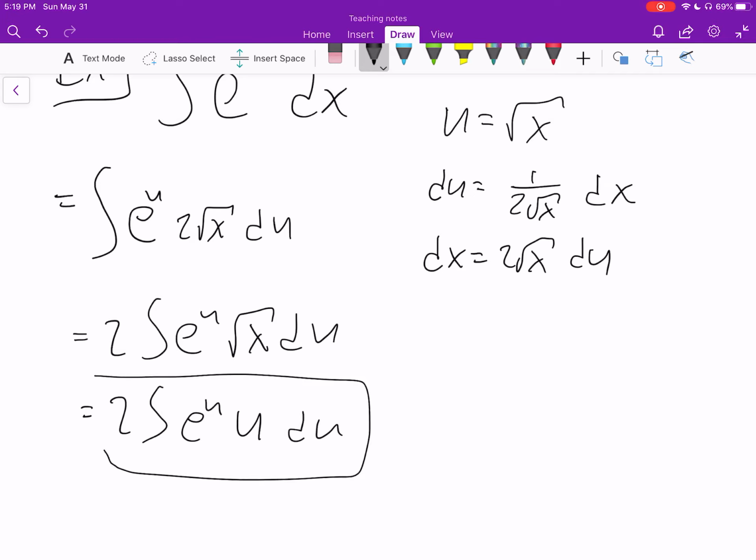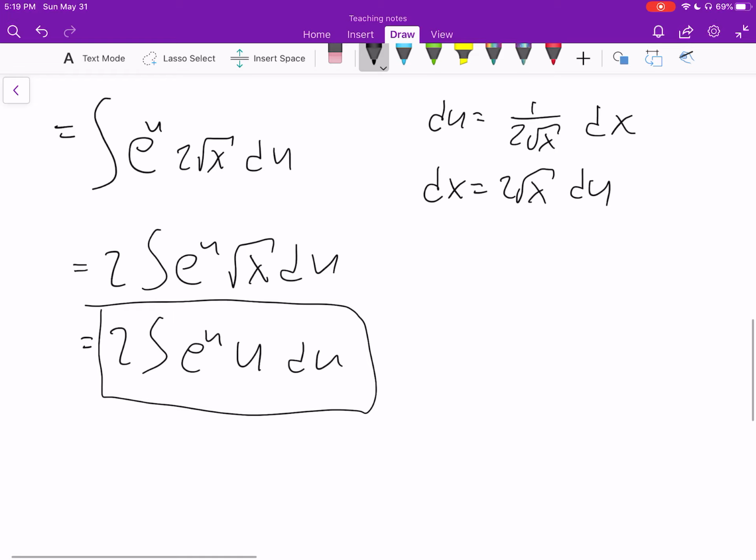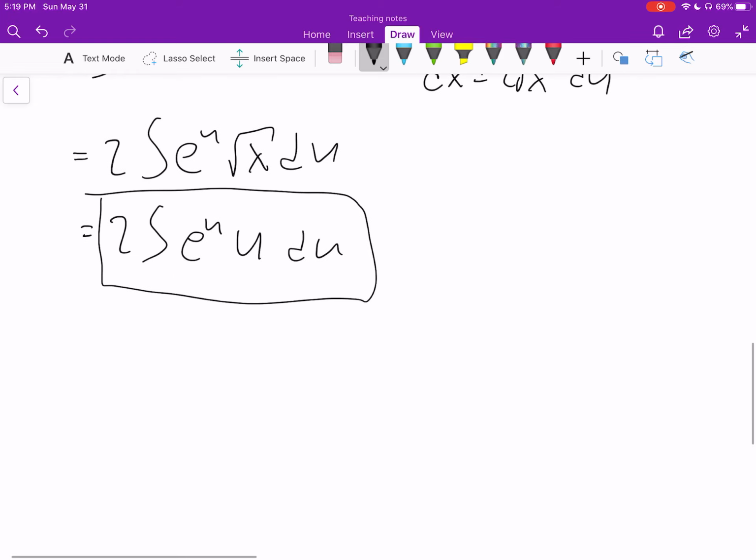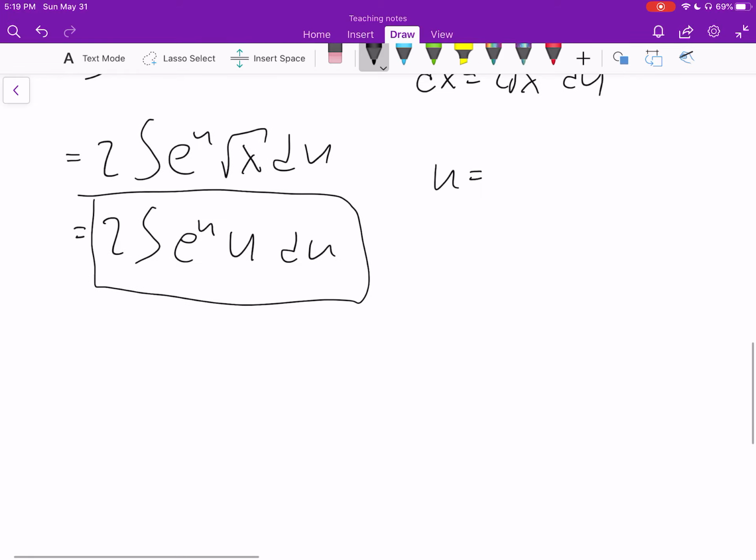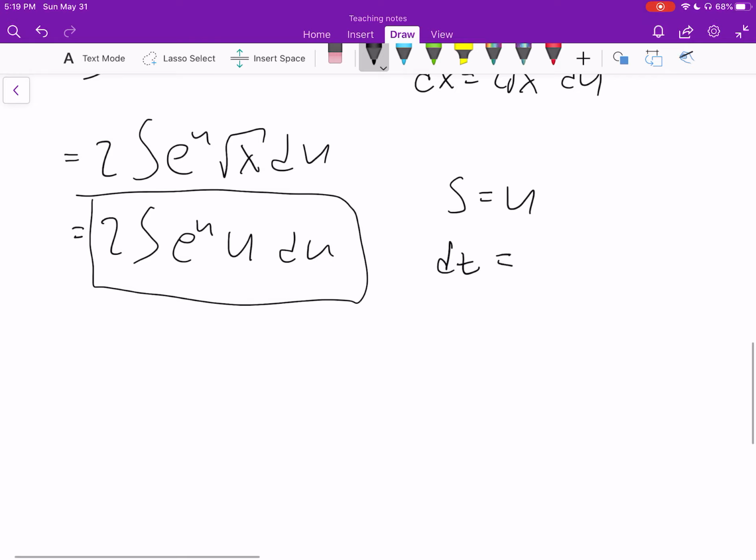So this is something that you can integrate by parts. So let's see. We have to choose different variables here. Let's use s and t. So s would be u, because I want to differentiate that. dt would be e to the u du. ds would be du, and t would be e to the u.